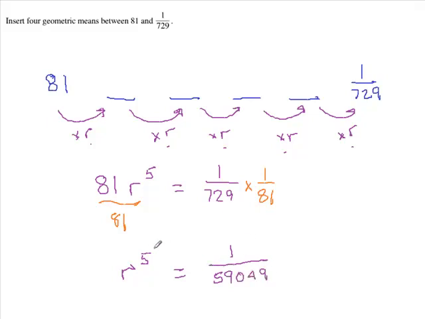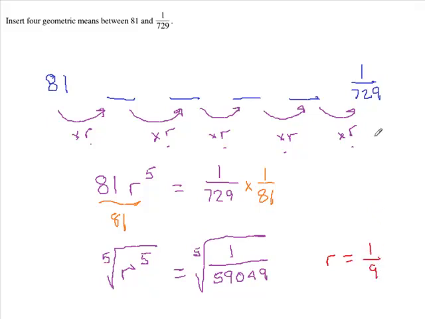If we want to know just r, we take the 5th root. Or you can think of this as putting it to the power of 1/5 if you'd rather. I think the roots read a little nicer. And from that we get r equals the 5th root of 1/59,049, which is 1/9.